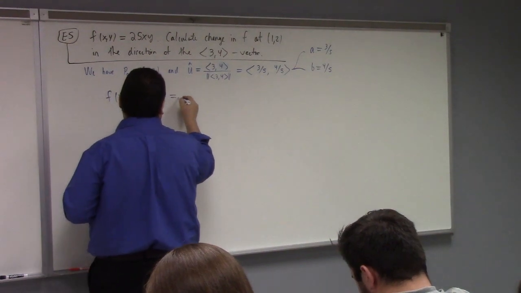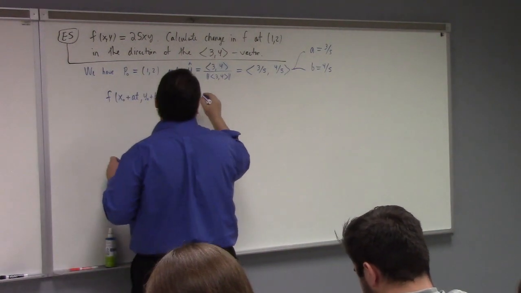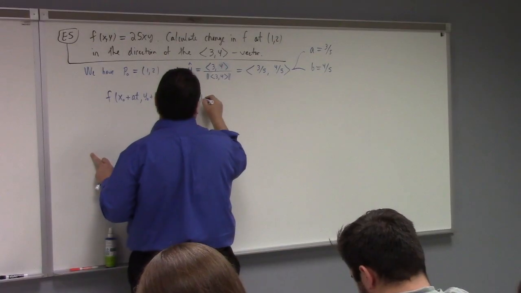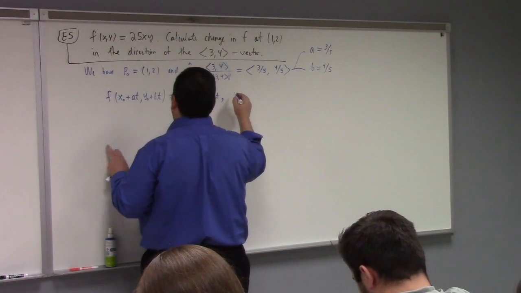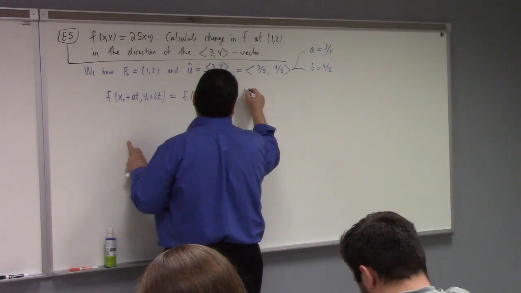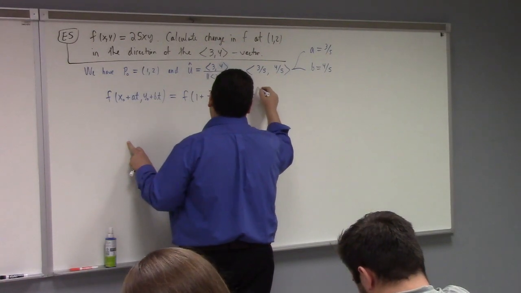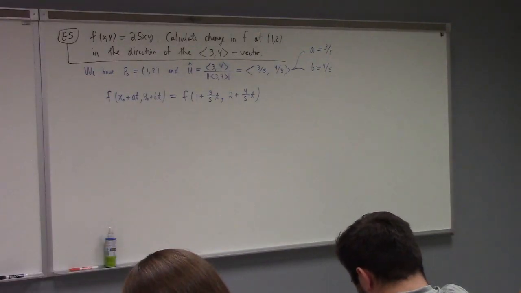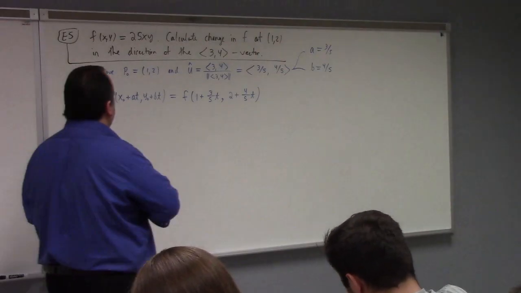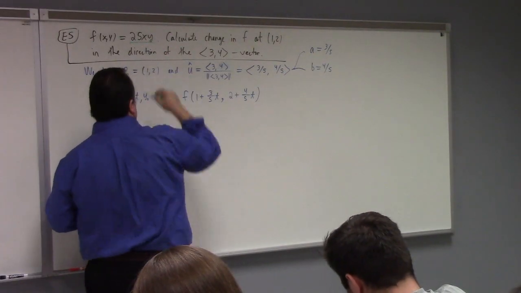In this context, that's f of 1 plus 3/5 t, comma, 2 plus 4/5 t. Now the formula for f is given right above. It's 25 x times y. So we'll use that formula.